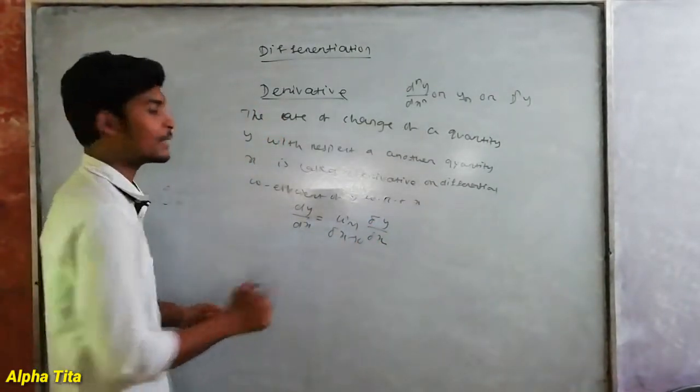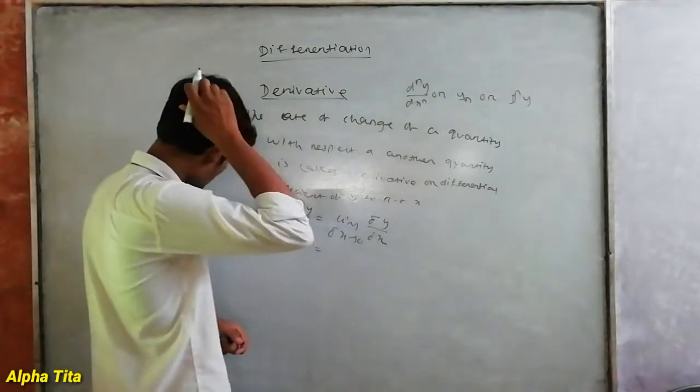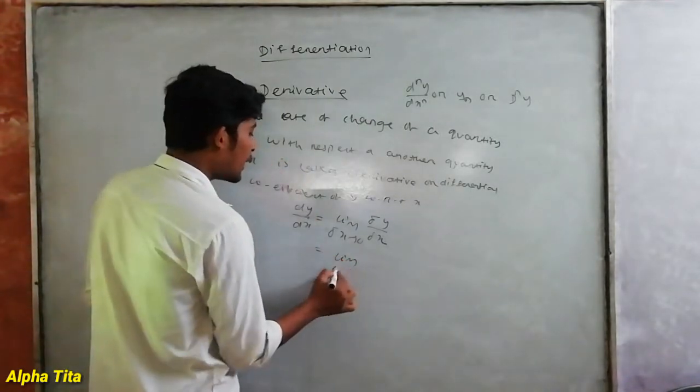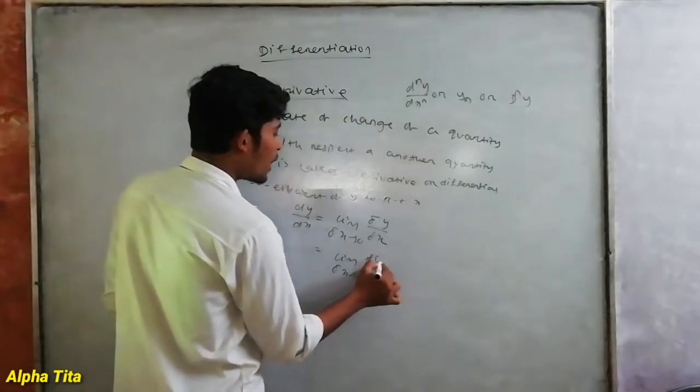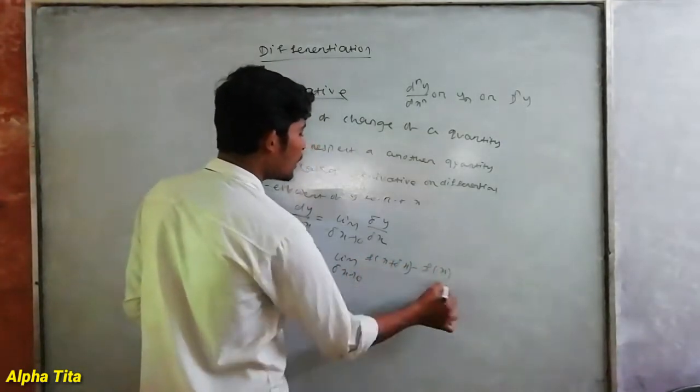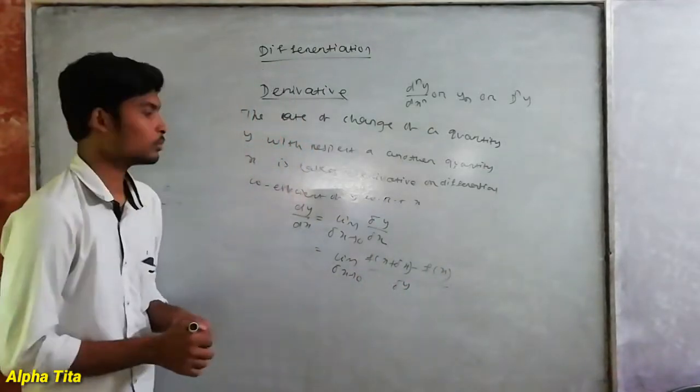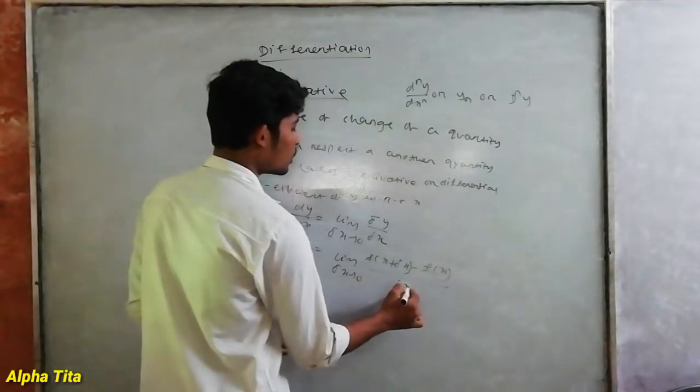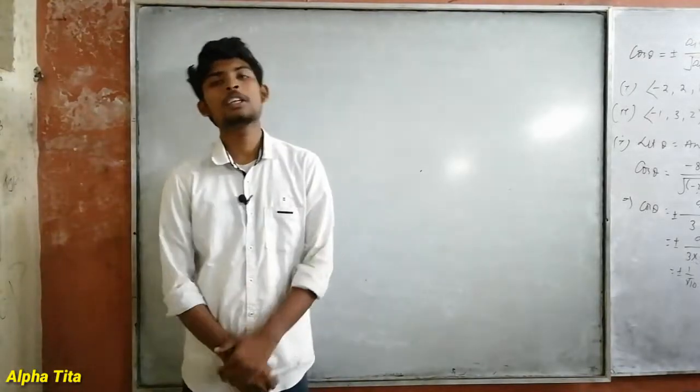It is defined as the limit as delta x tends to 0 of f of x plus delta x minus f of x, divided by delta x.